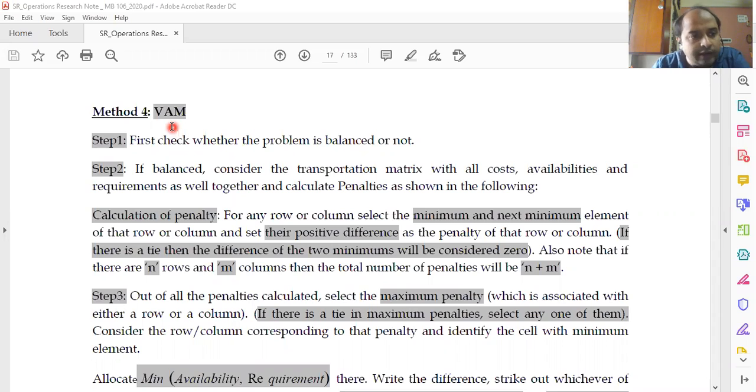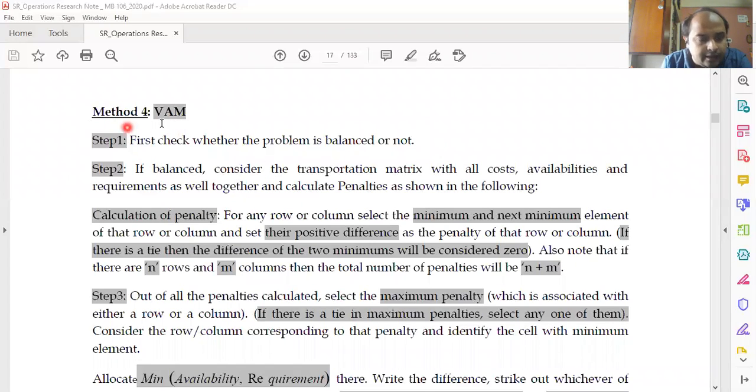If you have your copy, write down that the name of VAM is Vogel's approximation method, V-O-G-E-L apostrophe S. It is not mentioned on the screen, that's why I'm telling you.